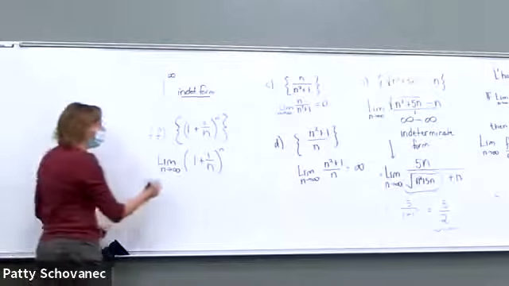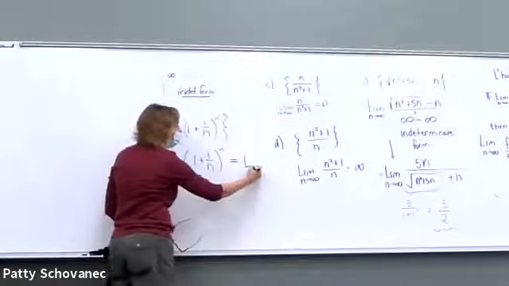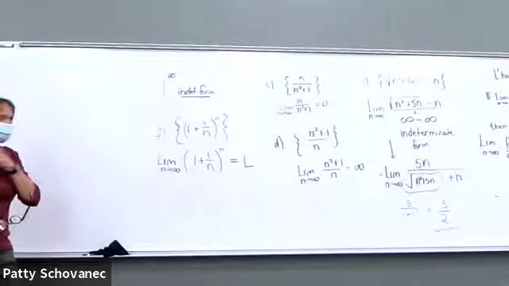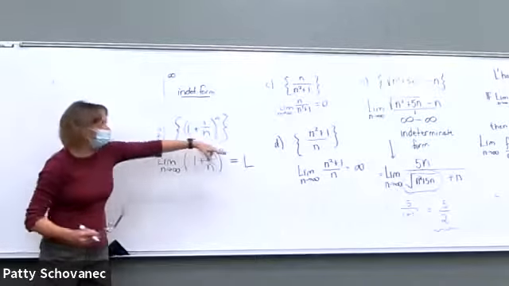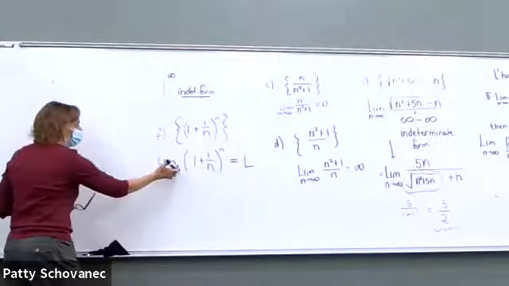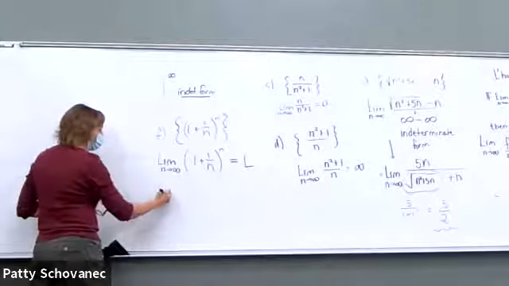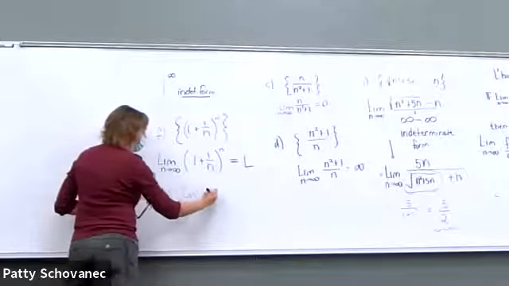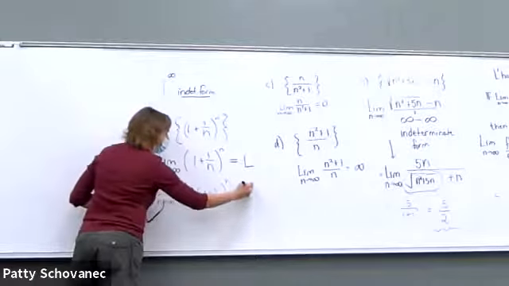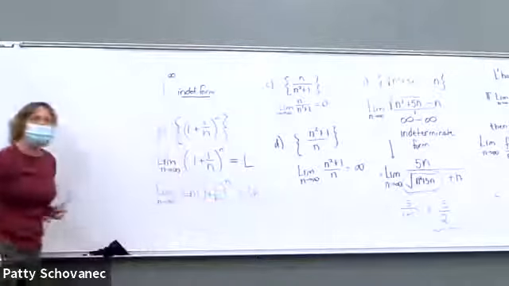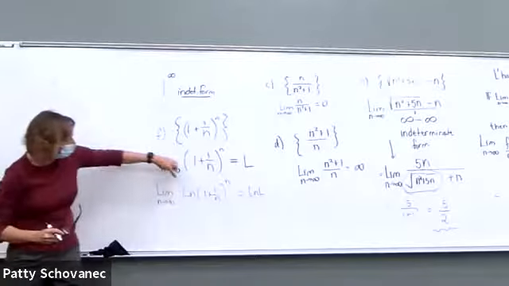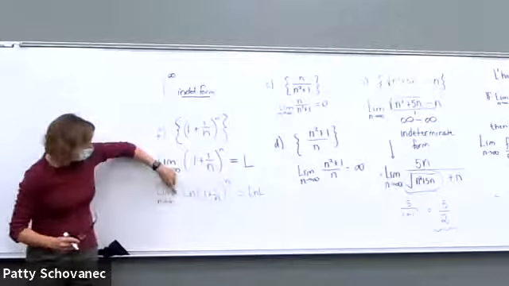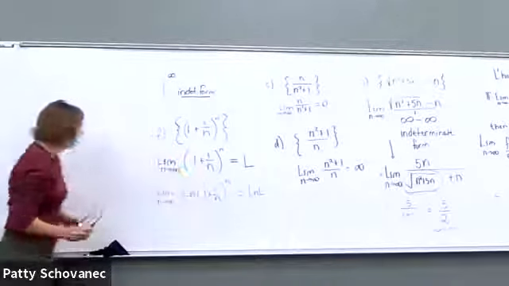We said, let's pretend that we know this has a limit of L. And let's try to solve that equation for L. I can get this exponent to come down by taking the natural log of both sides. And I can move the natural log inside the limit. I chose to take the natural log because the logarithm has a property that the logarithm of a base to a power can be written as that power times the logarithm of the base.